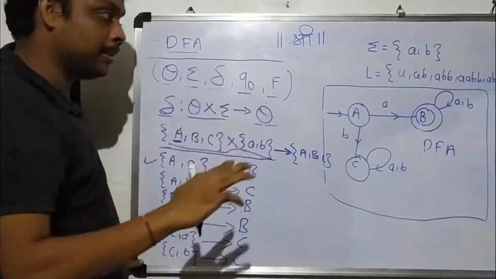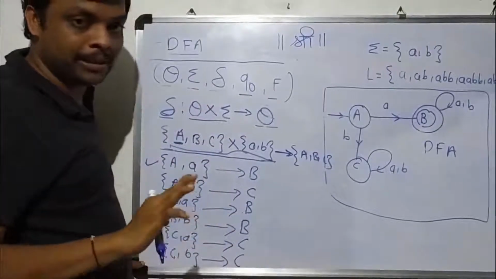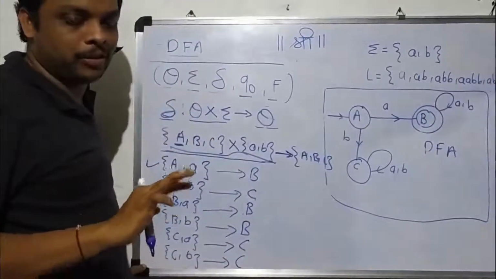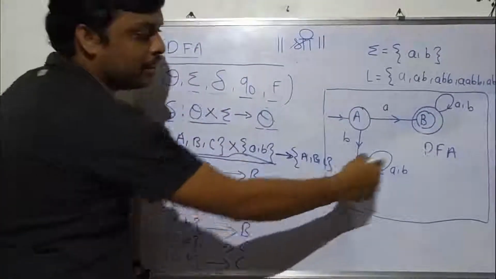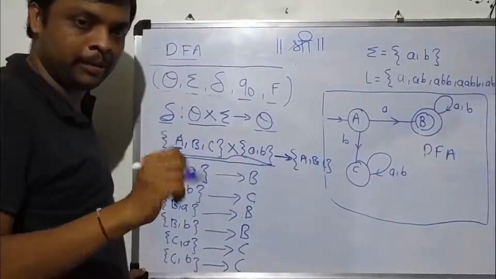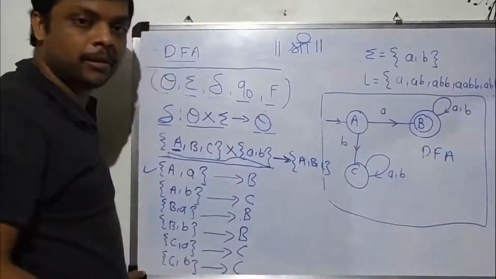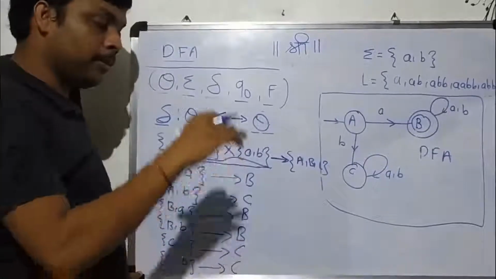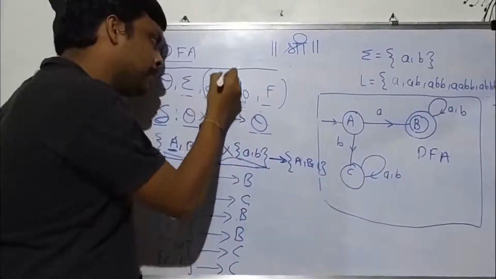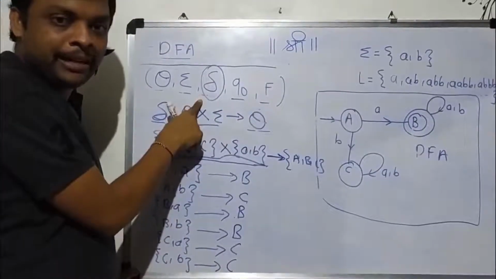Now see, in my last point during classification, I said there are various types of finite automata. This is deterministic finite automata, and we have started with DFA. Then I said there is NFA as well, and NFA with epsilon. From automaton to automaton, there is a difference only in the delta function.